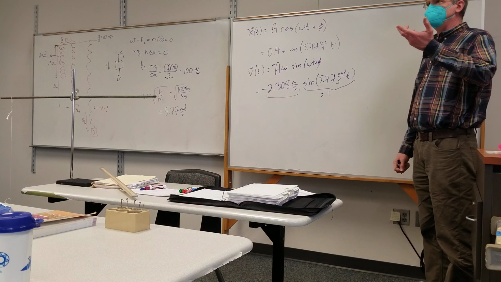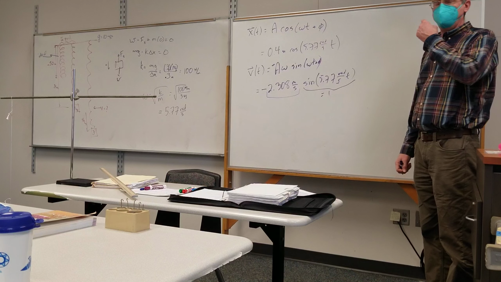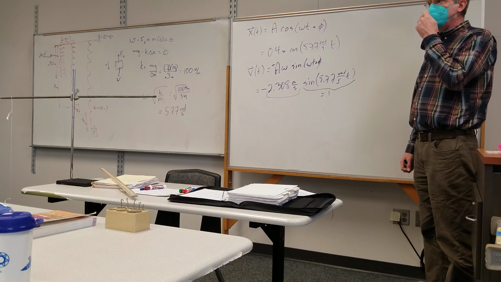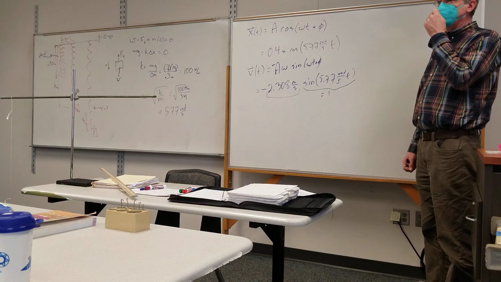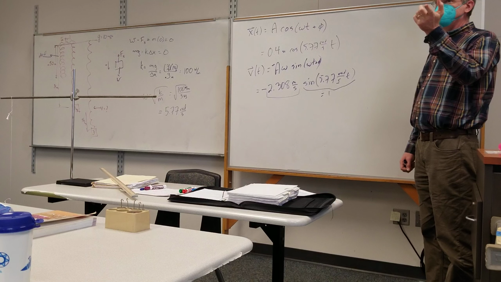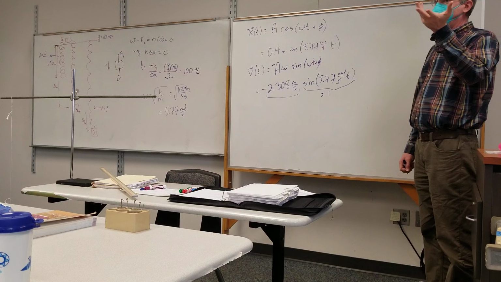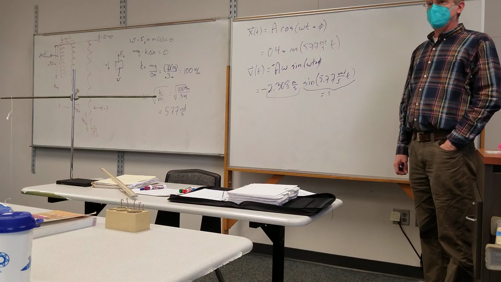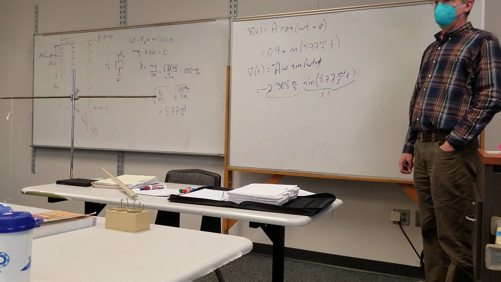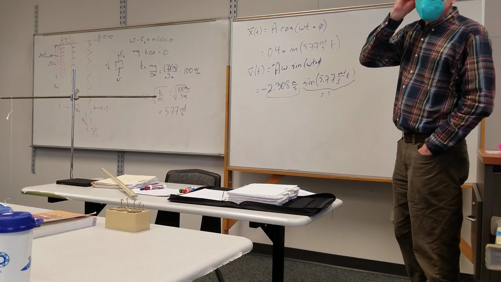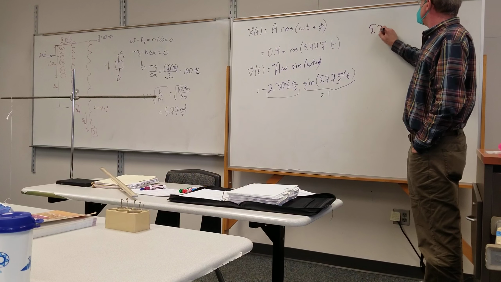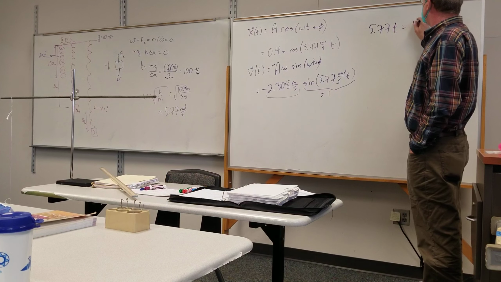At what angle is sine equal to 1? 90 degrees. Or in radians, since we're dealing with radians here, pi over 2 radians. So at the maximum, 5.77 t is equal to pi over 2.